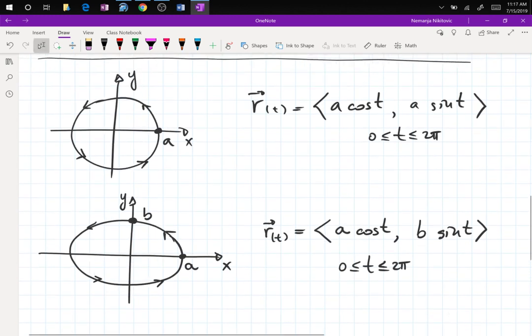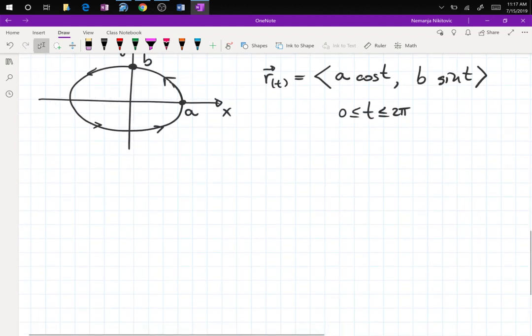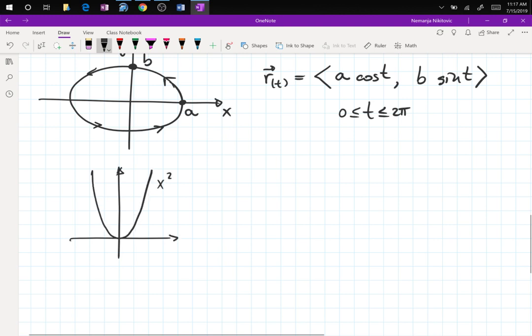So we have a perfect way to describe all of these. Now let's say, for whatever reason, you like pain and you just want to describe y equals x squared as a vector valued function. Well, you can do that. It's okay.